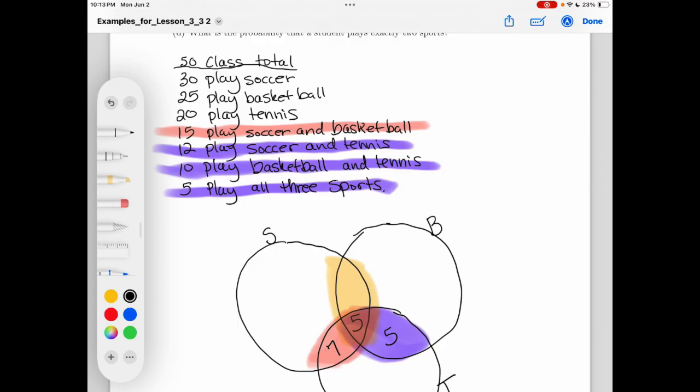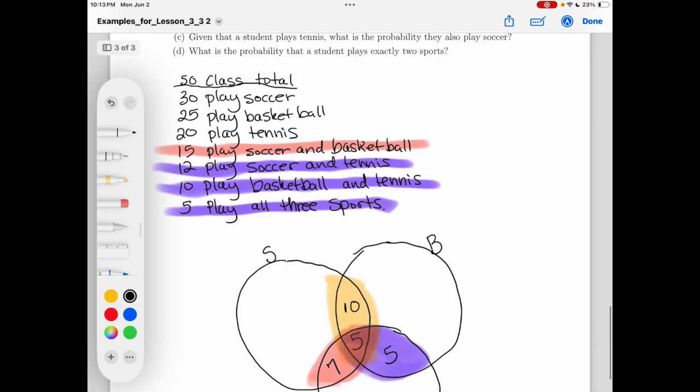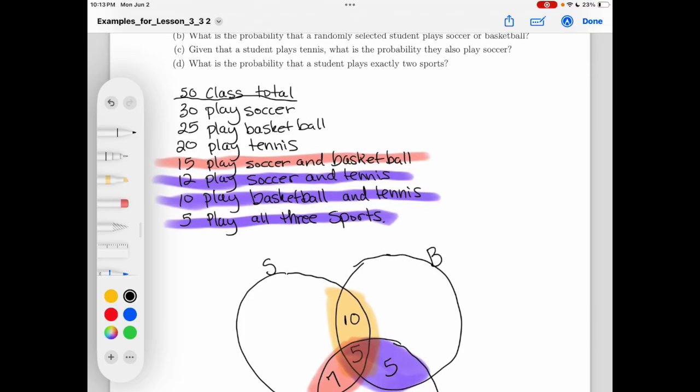There's 5 already in that overlap. So there should be 10 in this area where it's just yellow. So there's 15 that play soccer and basketball, where the 5 that's in the center play all 3, but it's still in the category of soccer and basketball.